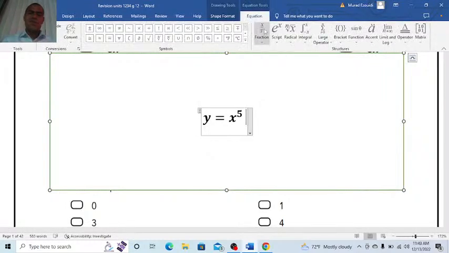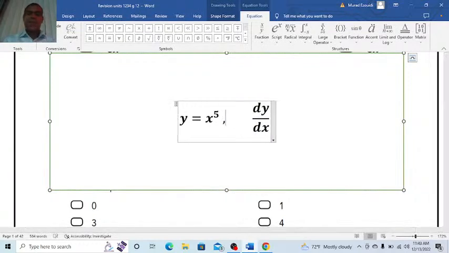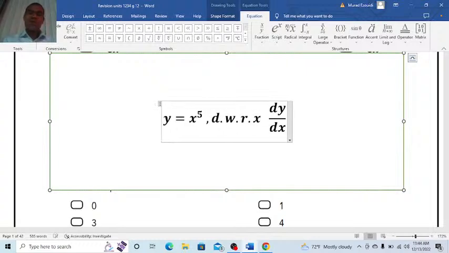So dy with respect to x is read as small d y with respect to x, which means that you are going to differentiate your function with respect to the variable x.